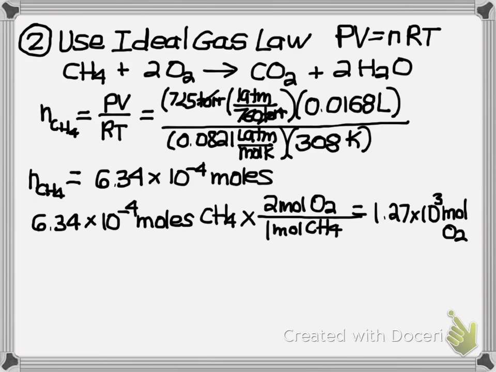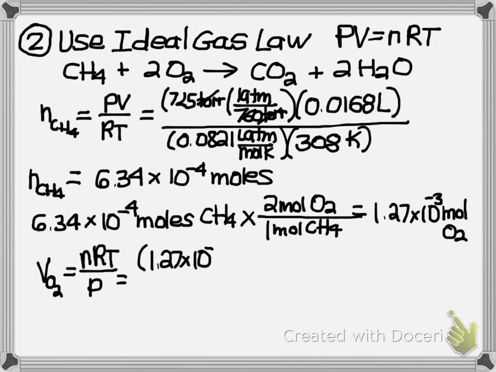Now I needed to know the volume of oxygen, so again I can rearrange the ideal gas law, this time solving using my information for oxygen. So the volume of oxygen would equal nRT over P. The number of moles I just calculated, 10 to the negative 3.